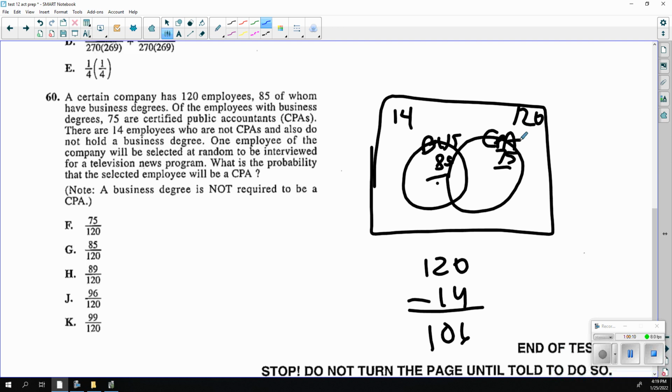What is the probability will be a CPA? I'm confused. So 14, 6, so 160 would be 54.